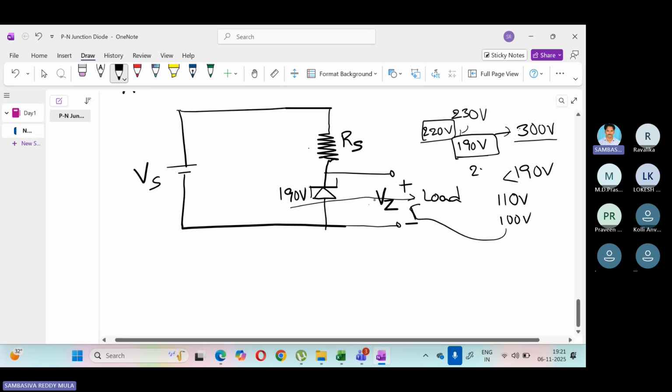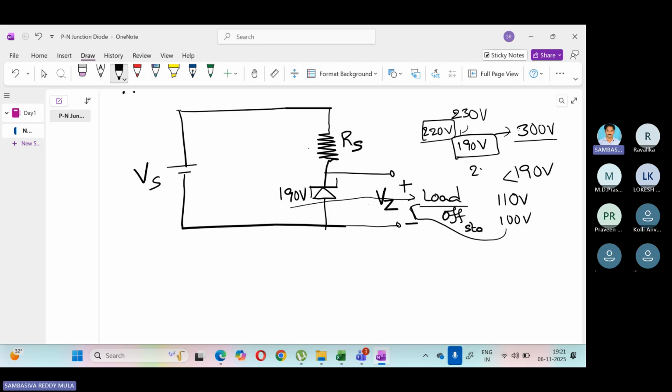Unless the breakdown occurs under reverse bias condition, the Zener diode acts as an off switch. So the load is not supplied with the voltage. So the load will be in the off state. So here also the device is protected from high voltages as well as low voltage.